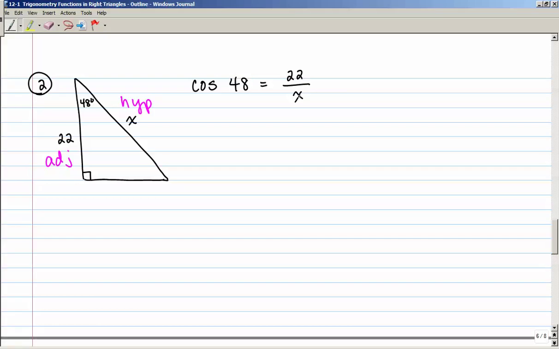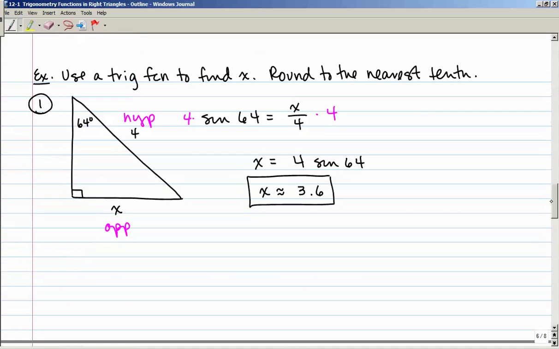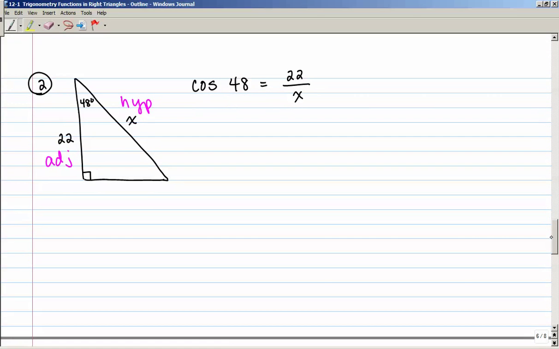Now this one's a little bit tricky because in the previous problem I had x in the numerator, x was in the top of the fraction. Now I have x on the bottom of the fraction. So in order to solve this, I'm going to have to multiply both sides by x so that those x's on the right hand side will cancel. So I'll have x times the cosine of 48 is equal to 22.